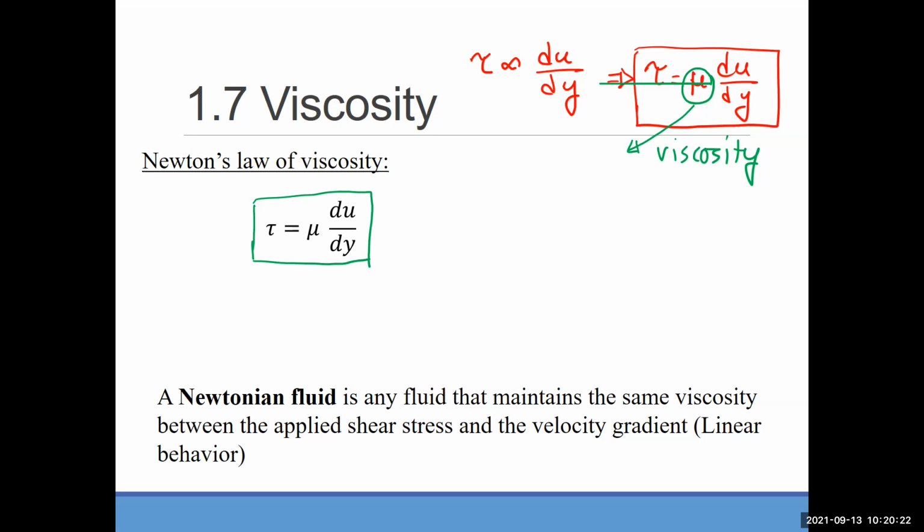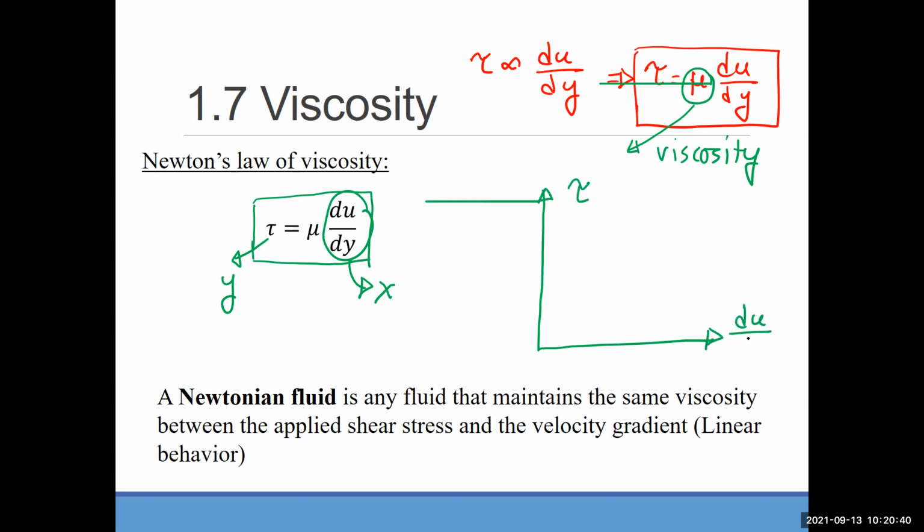Now, to explain that, can I consider this one as the y and this thing as x and develop a plot here? Now, if that viscosity or mu doesn't change with applied stress, if it is constant all the time, like y equals mx, what will be the shape if I draw a line within this plot?